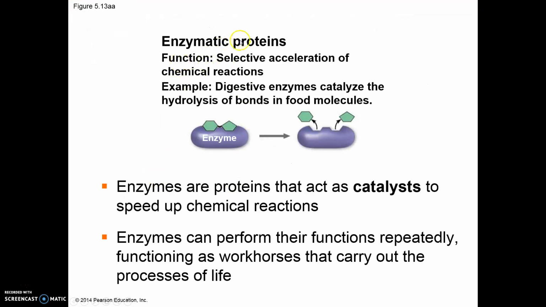So, enzymatic proteins are essentially something that can accelerate a chemical reaction or act as a catalyst. It does this by essentially taking two things that, in this case, need to be broken apart. It binds it to the surface of this enzyme, and then what probably happens is the enzyme facilitates a disruption of this bond, either by pulling these two pieces apart or maybe introducing a bond that replaces one of these bonds that is then broken.